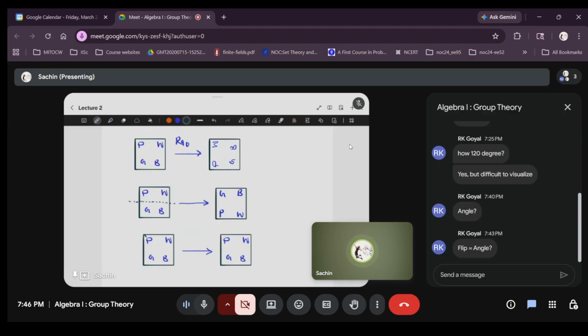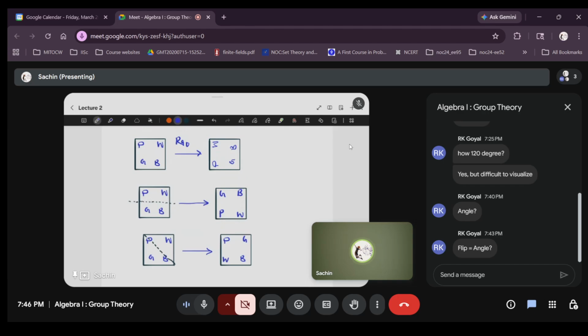So a diagonal flip would do what? It would keep the P and B vertices at the same point. It would flip the G and W vertices.